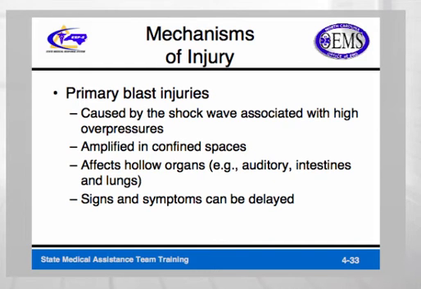The onset of difficulty breathing with a variety of associated symptoms such as rapid shallow breathing, chest pain, difficulty speaking in complete sentences, decreased breath sounds, wheezing, cough, and hemoptysis may occur immediately or may develop over the first several hours following a blast injury.